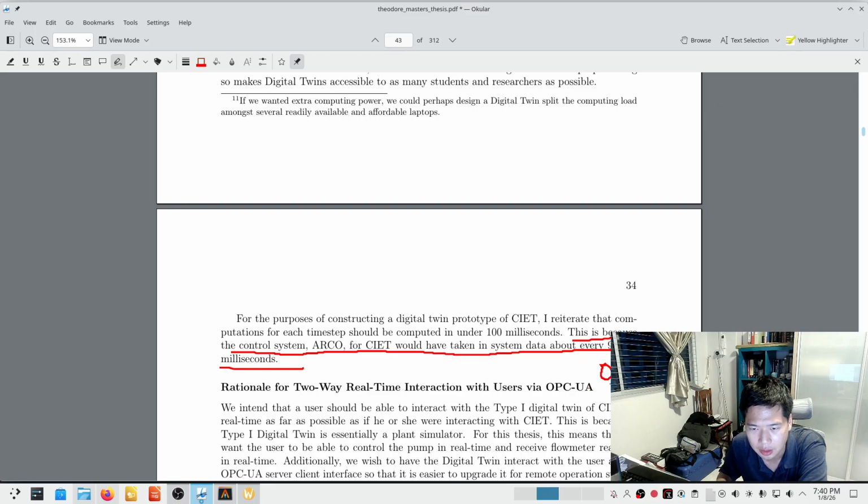So to have a very smooth and seamless experience for the end user, all calculations should be done within this time frame. For every time step, every time you want to refresh the system, the calculations should be done within this 0.1 seconds. That's the benchmark I'm aiming to have.